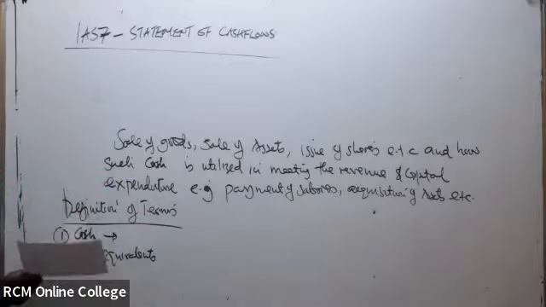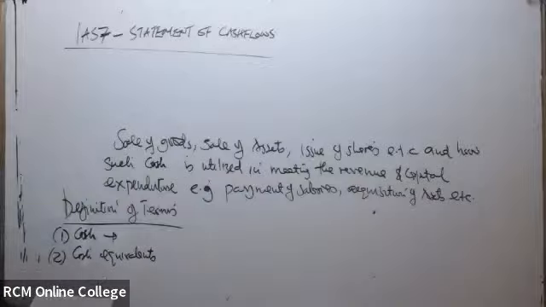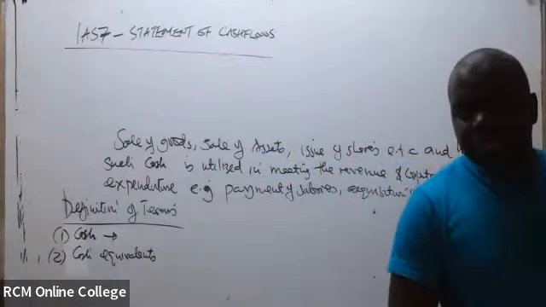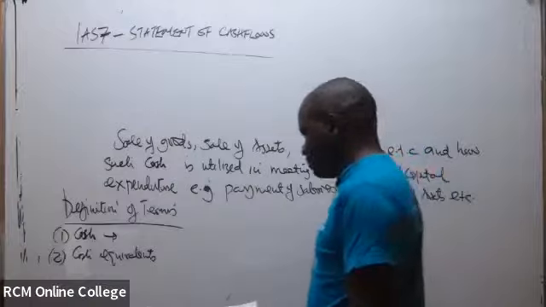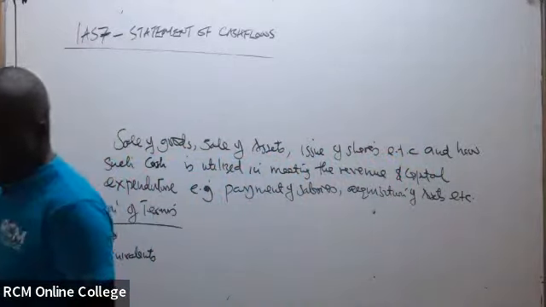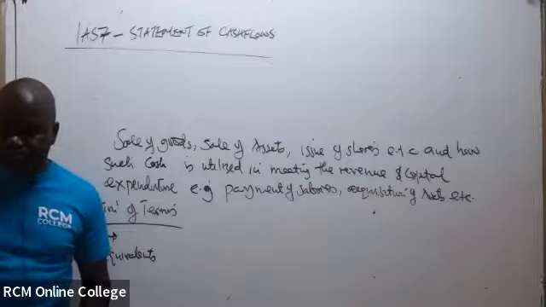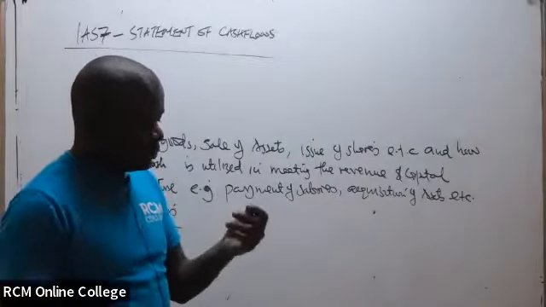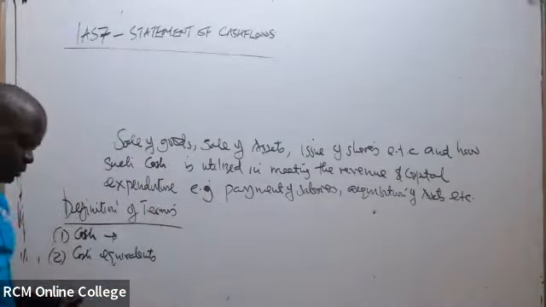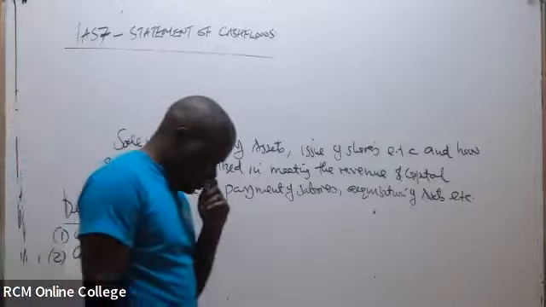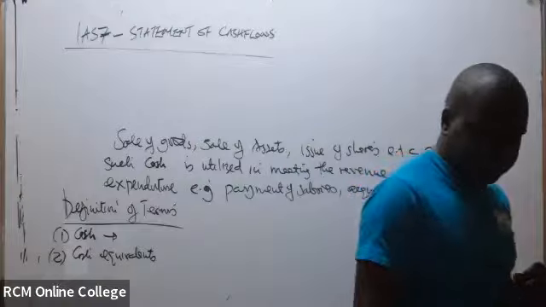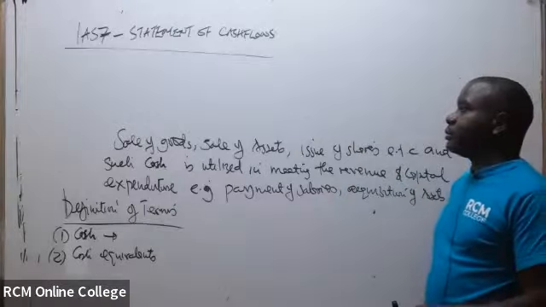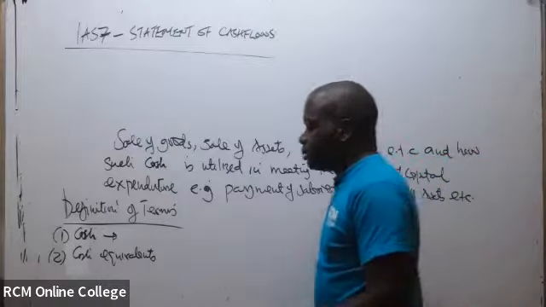So they are simply those items that you can easily convert into cash. So you can wake up one day and say, I want to convert them into cash immediately. You can give examples: treasury bills and bonds.